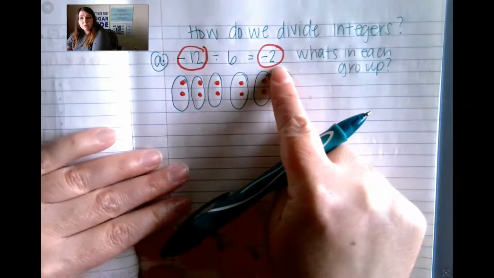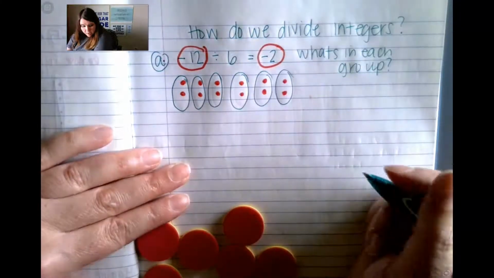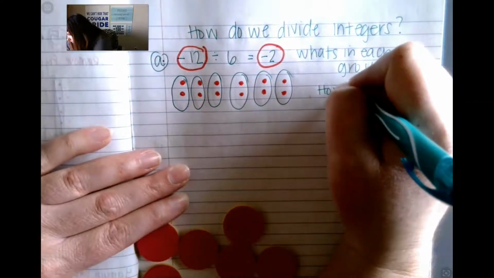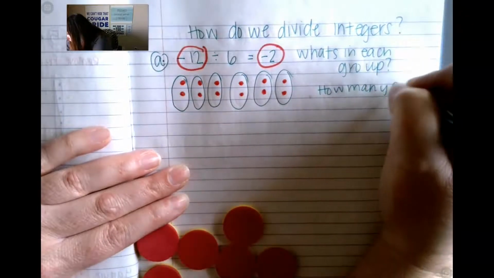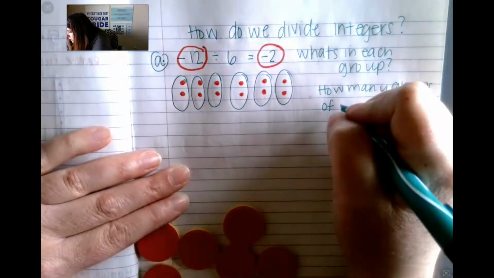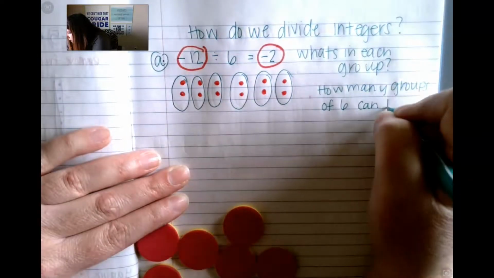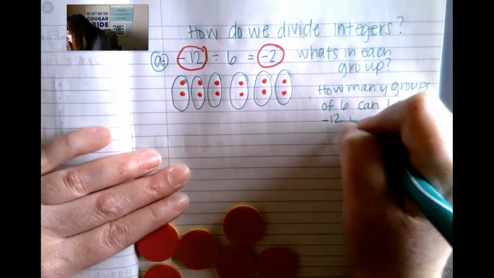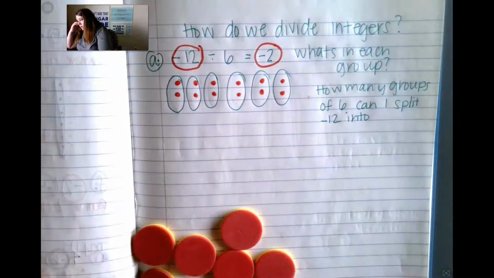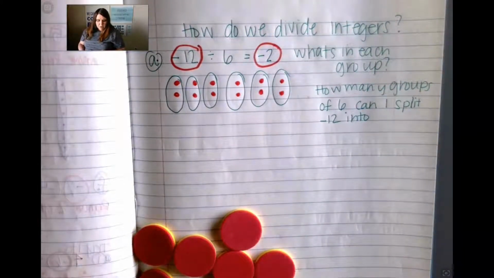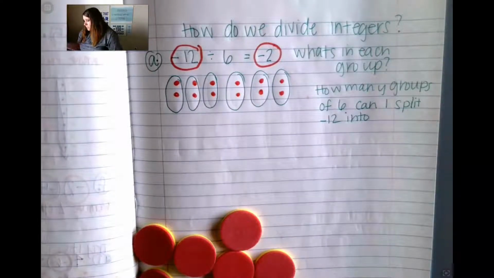Well, -2 is in each group. Or, how many groups of 6 can I split -12 into?